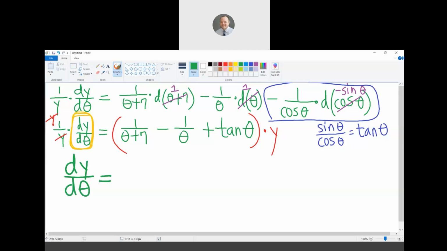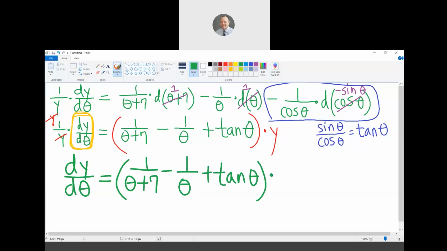And on the right-hand side, just replace y with its original fraction. So we'll bring down what's in parentheses and replace the y with its original problem, theta plus 7 all over cosine theta. If you want to move this fraction to the front of the parentheses, then that's fine.